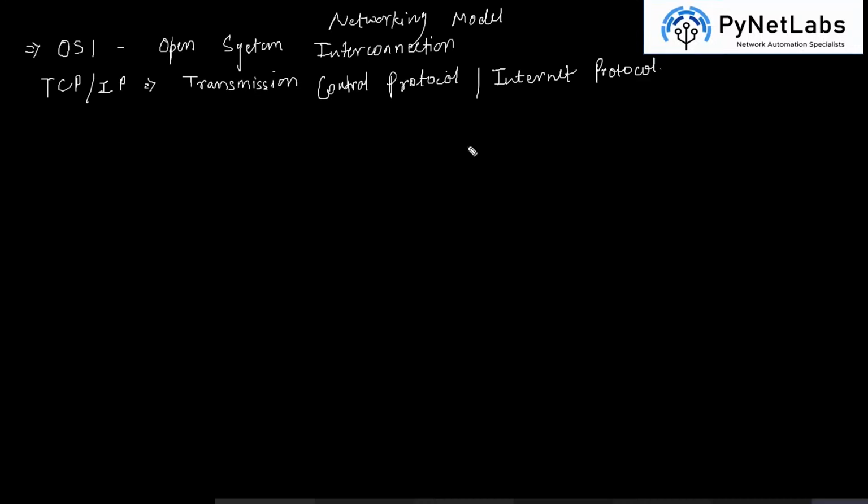Now, before digging deeper into these networking models, I want you to understand the history behind the formation of these two models. When the internet was not as common as it is today, and was just being introduced to the world, there used to be no networking models.